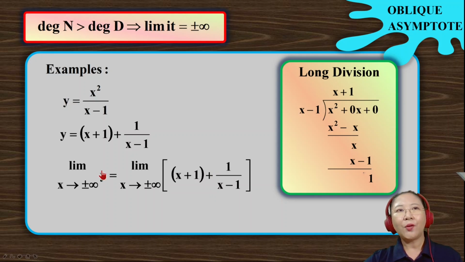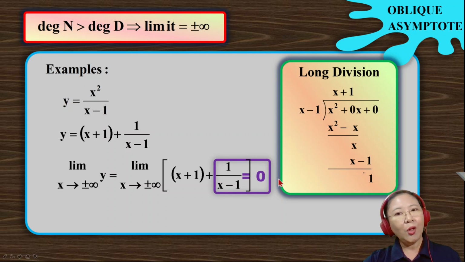Once I get that, I will calculate my limit. As you know, whether the limit goes to positive infinity or negative infinity, you will notice this side over here will always turn to 0. As you learned about limits in chapter 1, it will transform to 0.